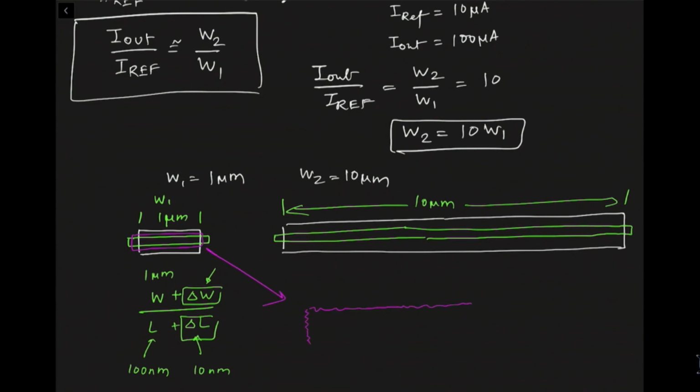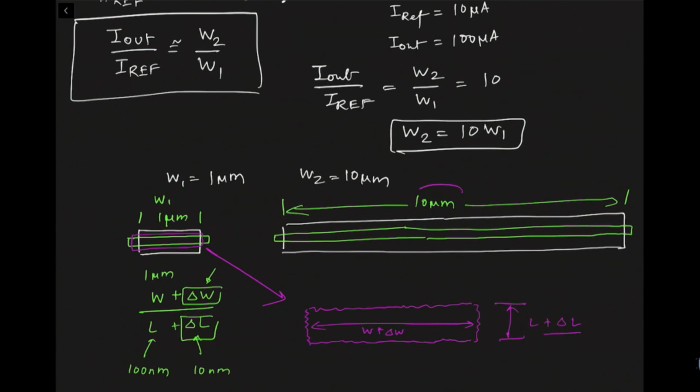The edges are going to have some kind of effect, and this is all due to the lithography techniques. So the W actually is, let's say, W plus delta W, where delta W can be negative, and here is your channel length, which could be L plus delta L. Delta W and delta L are the uncertainty in your transistor size.